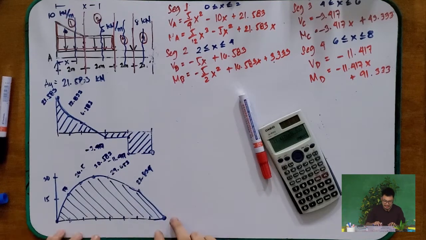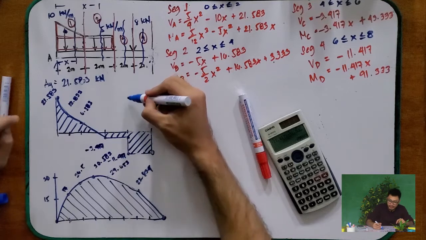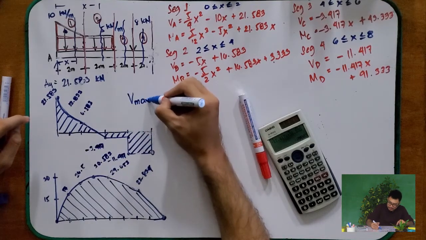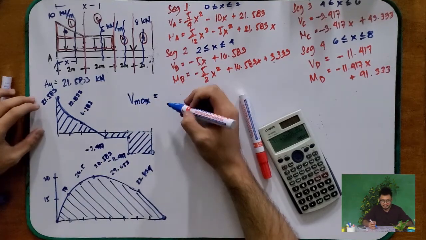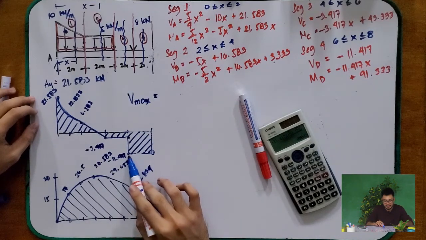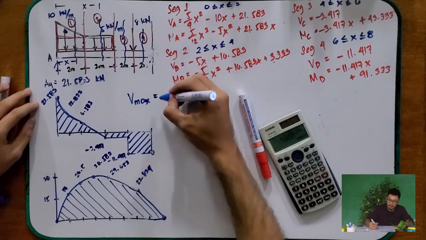Okay? And then diri dapat gyapon na siya mabalik og 0. So, therefore your maximum shear diri is pila man.